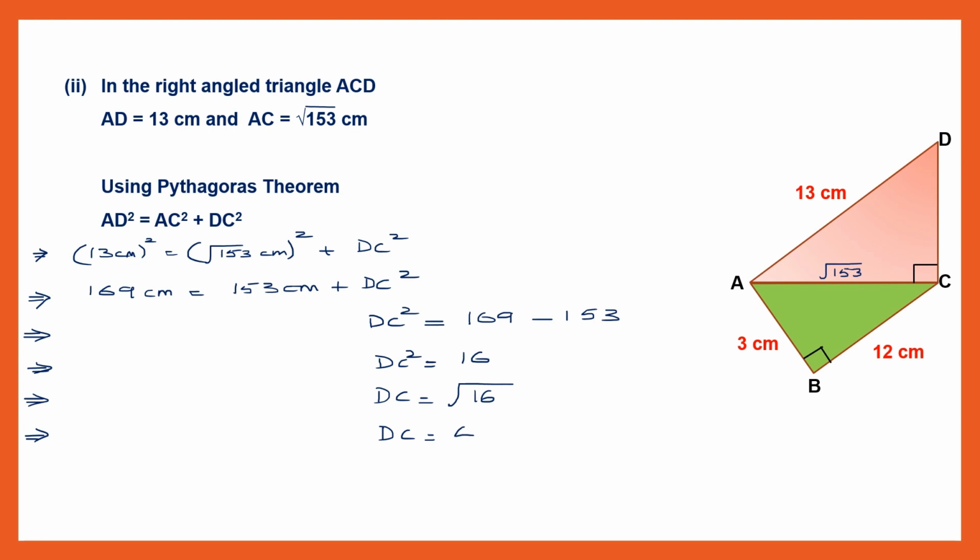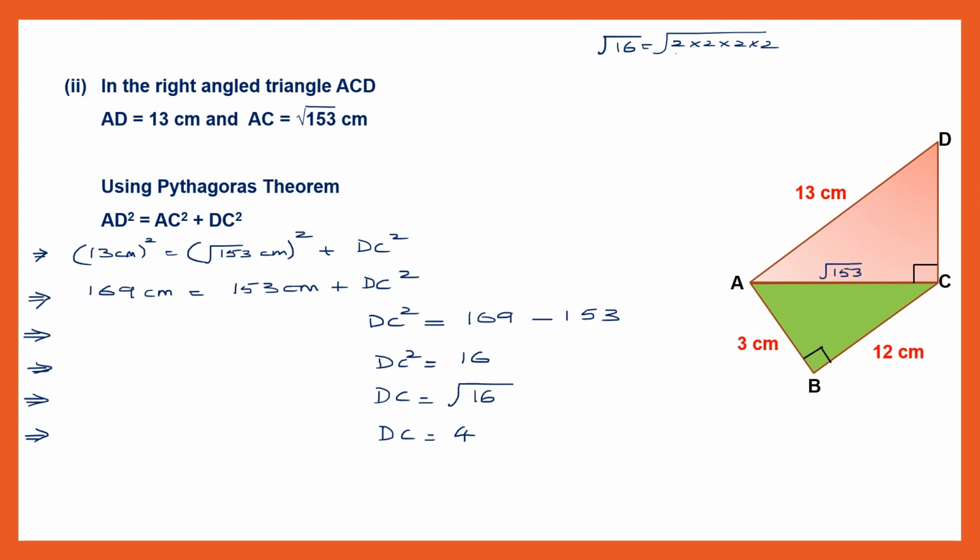Now let me also work it out for you in the prime factor method. So let's find the square root of 16. Let me take 16 and find all the prime factors. 2 8s are 16, then 2 4s are 8, 2 2s are 4, 2 1s are 2. So this is equal to 4 twos: 1, 2, 3 and 4.